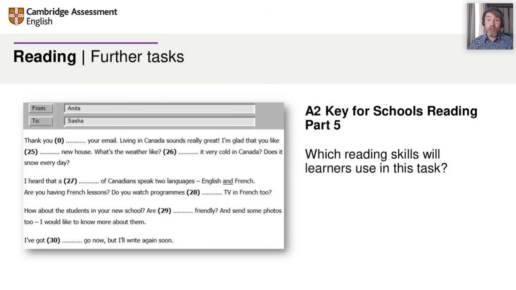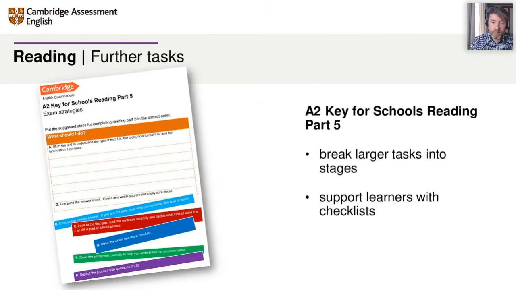So those are lots of steps and lots of things for people to remember. And we can help people do that more effectively by breaking these bigger tasks down into steps. Now, this task, which helps prepare learners for A2 Key for Schools Reading Part 5, helps learners create a checklist to refer to as they complete the task.